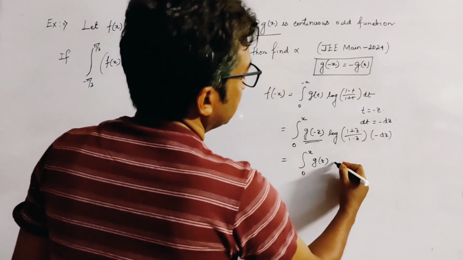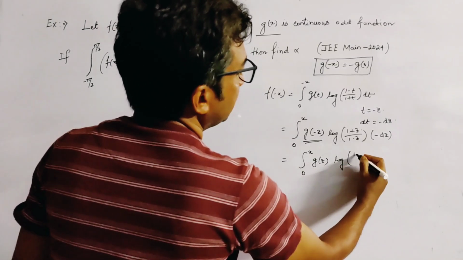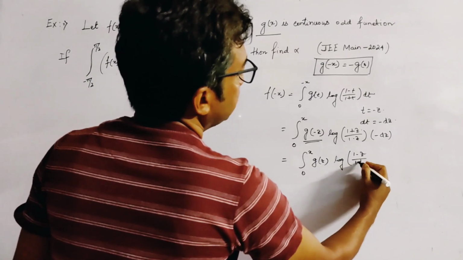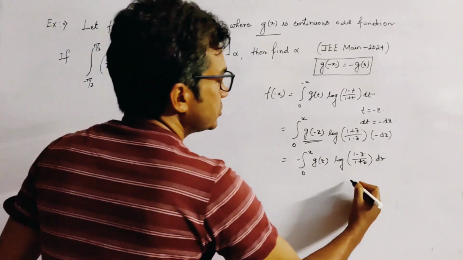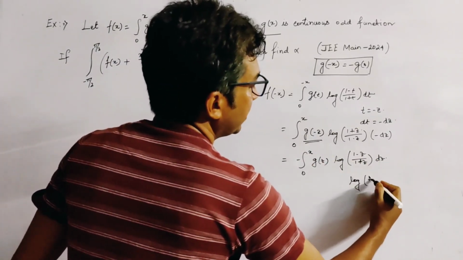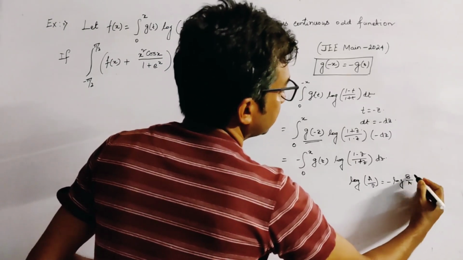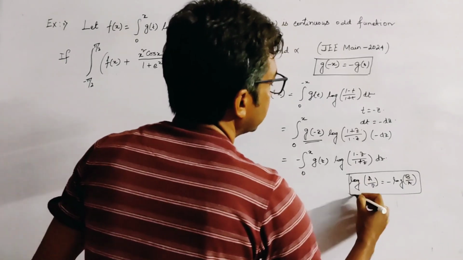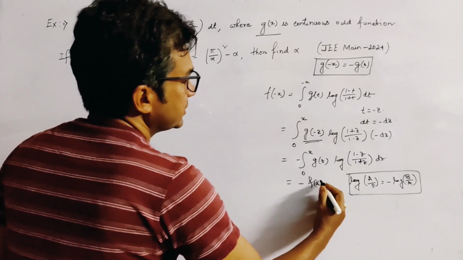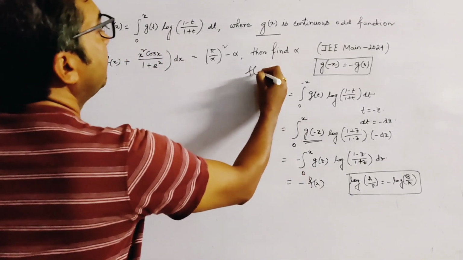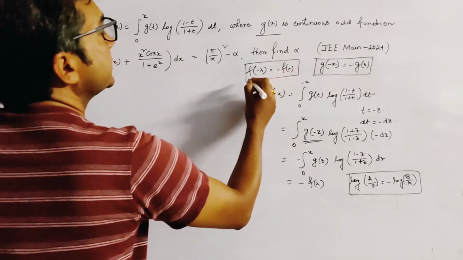If we write this as log of (1 minus z) by (1 plus z), then we get another minus, because log a by b equals minus log b by a. We use this property here, and this is minus f of x.